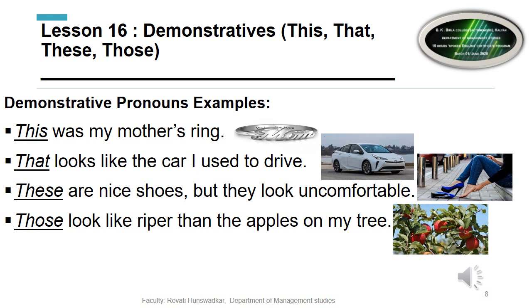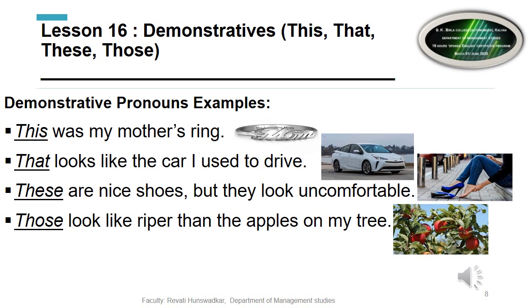Next, these are nice shoes but they look uncomfortable. I looked at the shoes and tried them too. The shoes looked good but these shoes are uncomfortable because it is a pair of shoes. So these shoes are nice, but they are not comfortable for me. Those look riper than the apples on my tree.